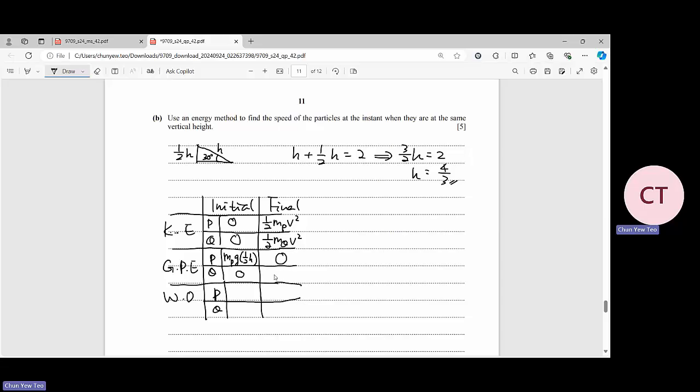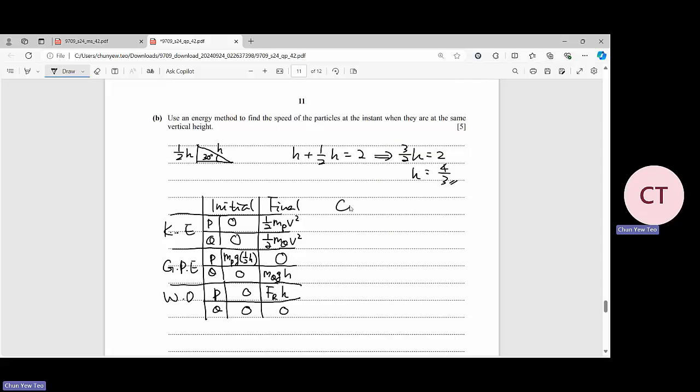But the Q is moving up, so it will be m g h. To be more precise, I write m_Q. Then work done. At the beginning, they both have no work done. For the Q, no work done for anything before and after. For the P, we have the work done by the resistance, which is F_R multiplied by the distance travelled, h.